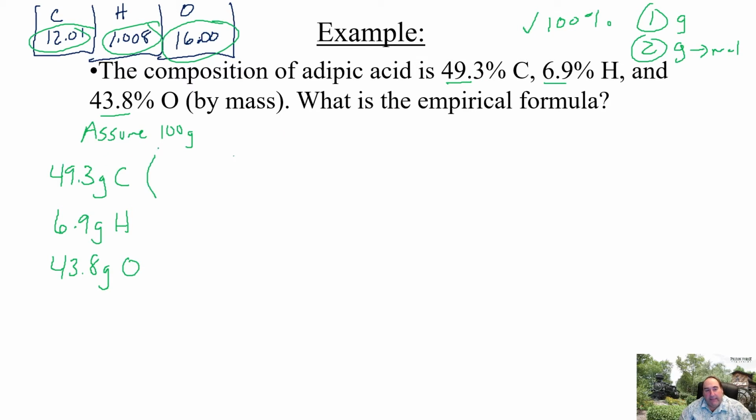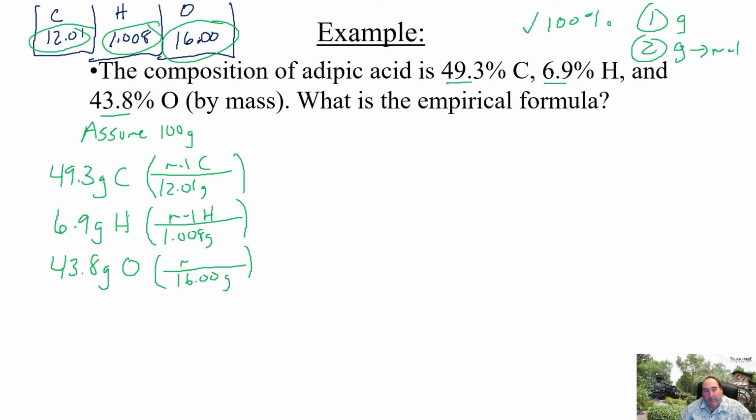So using our molar mass, grams going on the bottom, 12.01 grams per mole of carbon, hydrogen, 1.008 grams per mole, and oxygen, 16 grams per mole here. Doing our division here, all the grams are going to cancel, going to leave us with moles. So that's 49.3 divided by 12.01, looking like 4.10491 moles of carbon.